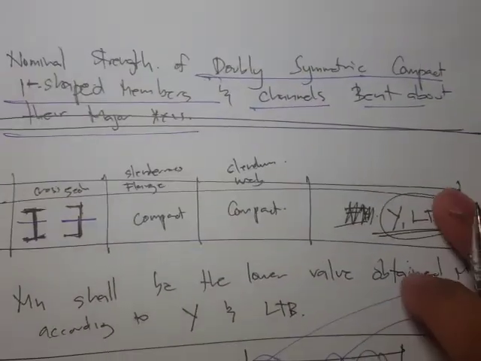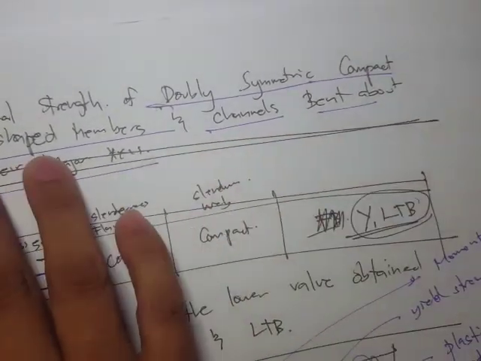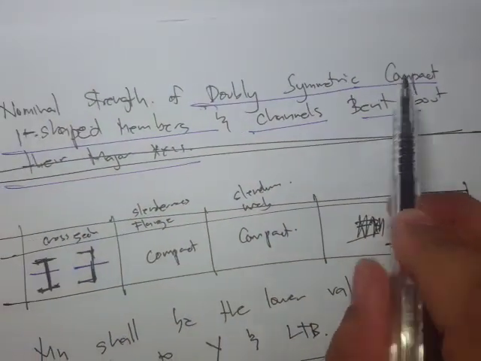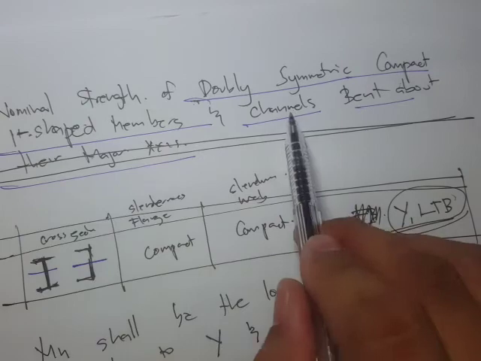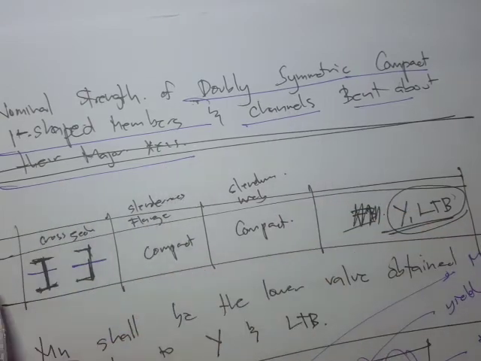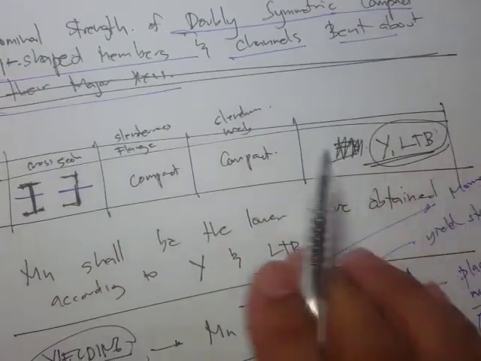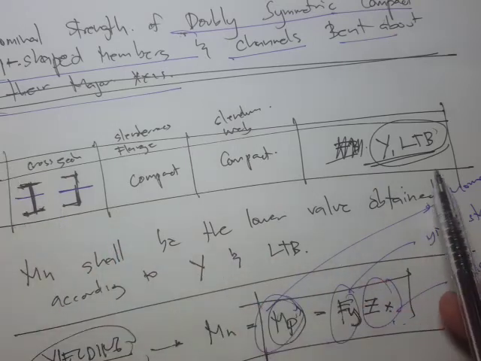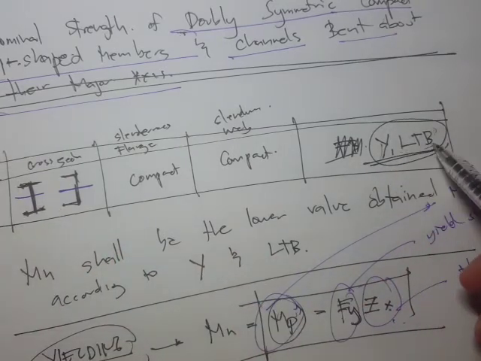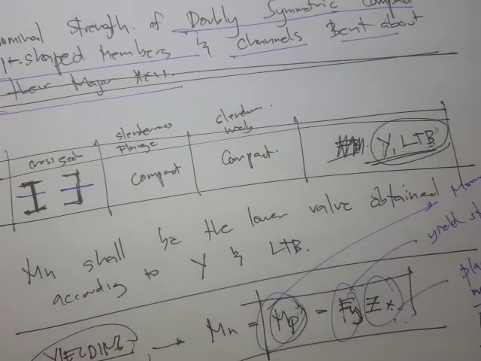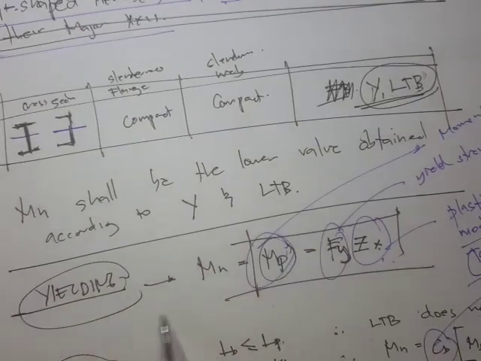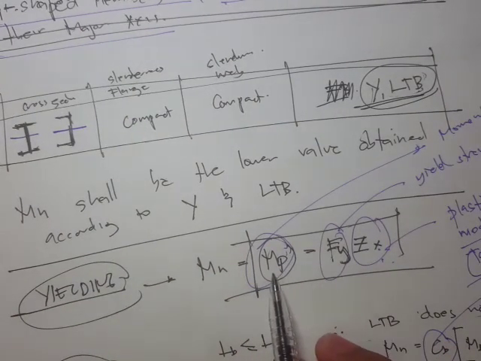Okay, so again, we're only considering doubly symmetric, compact I-shaped members and channels bent about their major axes. So if that's the case, then the nominal strength will be based on yielding and lateral torsional buckling. So for yielding, the equation would simply be the plastic moment capacity.